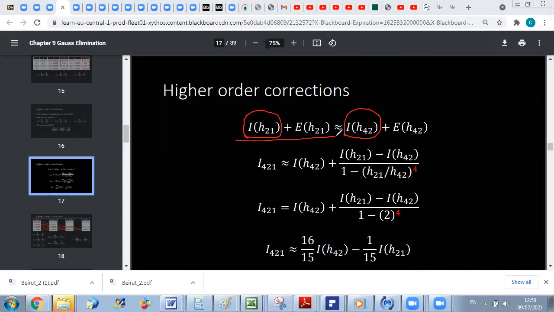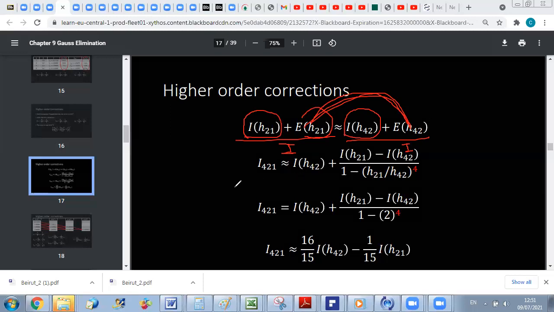This is because I can say that I is I(h21) plus the error involved when using h21, and at the same time I is equal to I(h42) plus the error involved in h42. And since I approximated a relation between these two errors, all I have to do is replace the error of h21 by its expression as a function of h42.